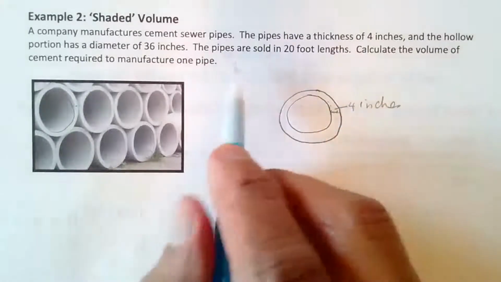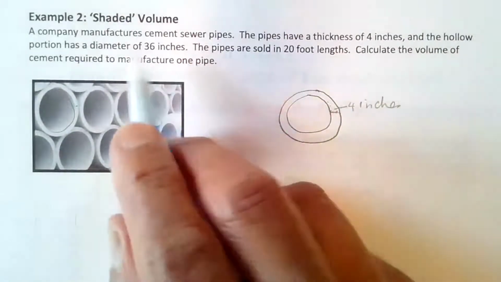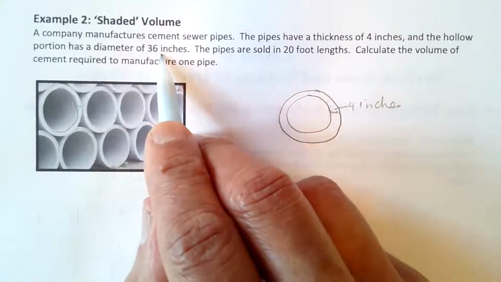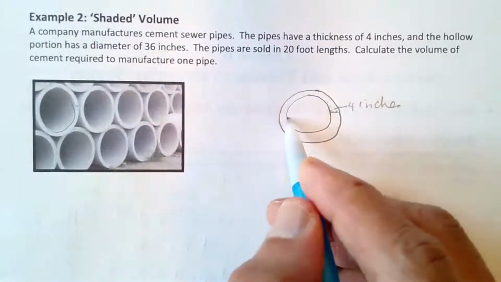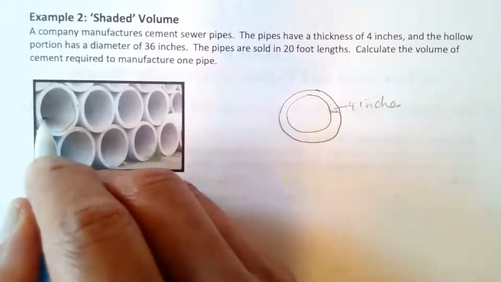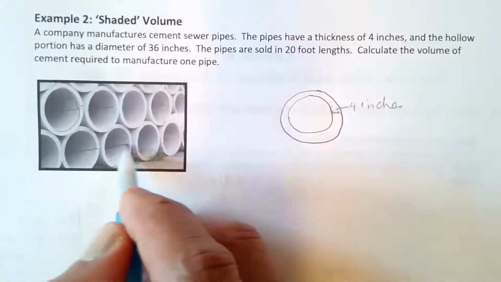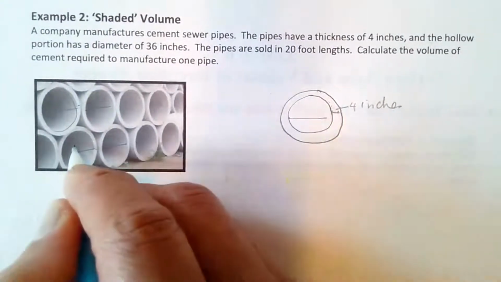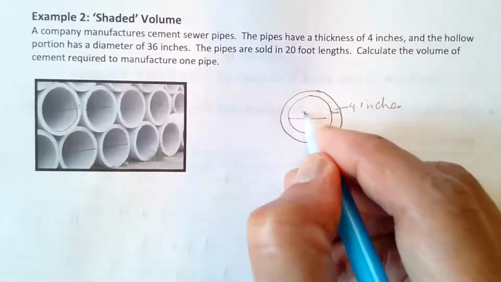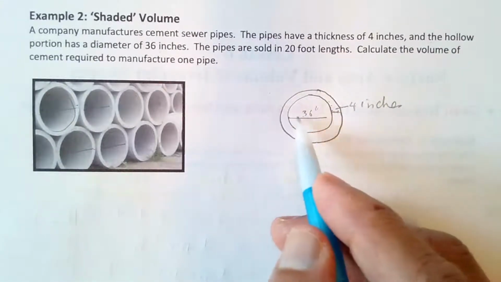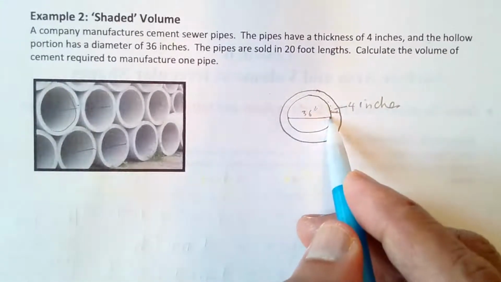Now it tells us that the hollow part has a diameter of 36 inches. This is the hollow part, from here to here, 36 inches. So we have 2 circles here. We have one circle with a diameter of 36 inches.